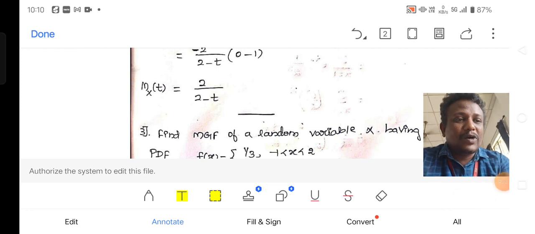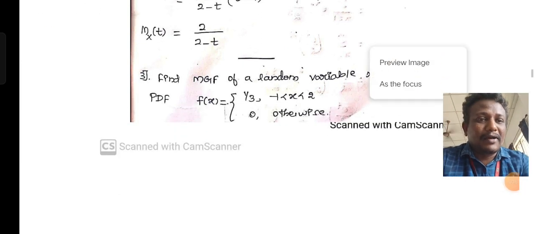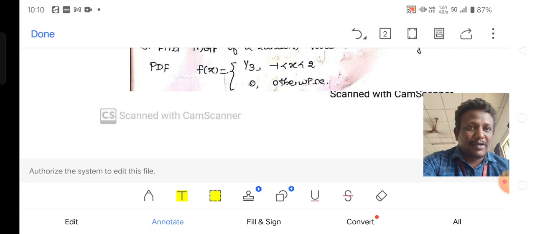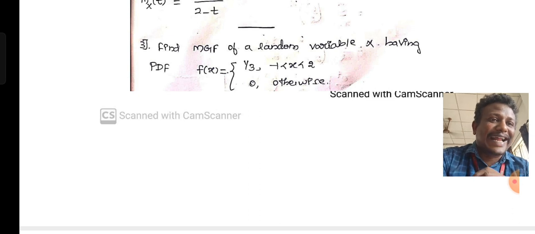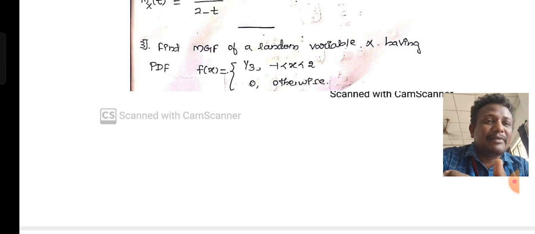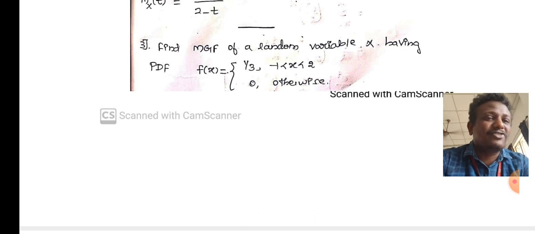Okay. Now let us see another problem. First I will read the problem, then I will explain the concept. Find the MGF, that means the moment generating function, of a random variable x having PDF f of x equal to 1 by 3 in the interval minus 1 to 2, otherwise it is 0.